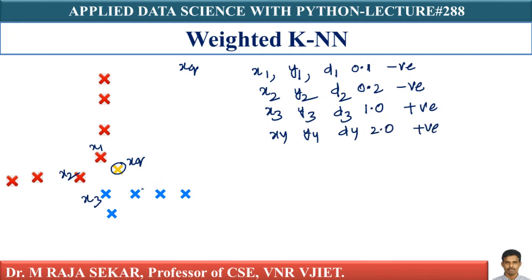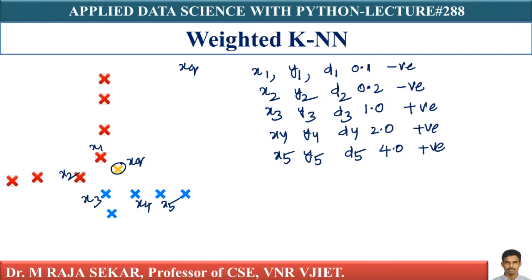As x4 is a blue point, it is positive. For x5, the label is y5 and the distance d5 is 4.0. Its label is positive, isn't it?